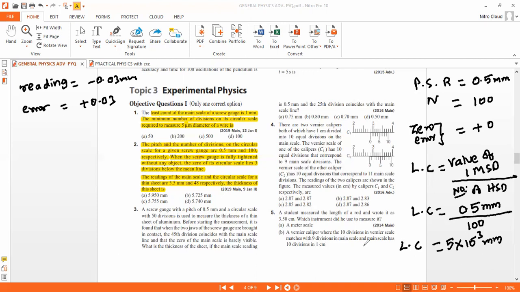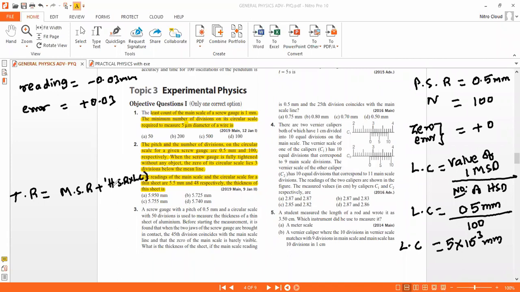Now they gave the reading. Total reading equals main scale reading plus head scale reading (HSR) into least count.